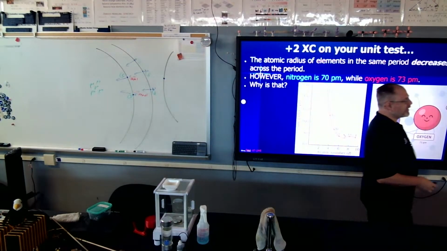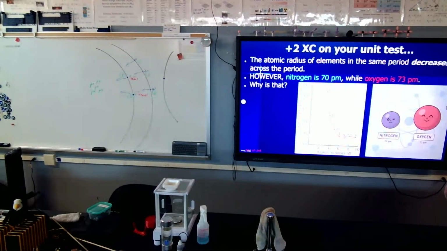Just like in the last test, there's a 2-point extra credit question at the end of the test. It will be this. The atomic radius of elements in the same period decreases across the period. That we know. However, nitrogen is 70 picometers, while oxygen is 73 picometers. Why is that?